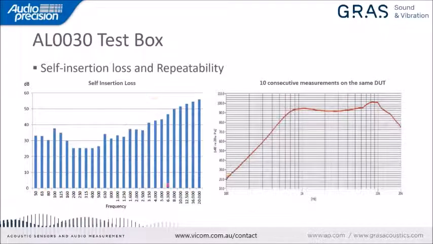Here we can see the insertion loss for the A30. I think it's important to talk about test boxes for this webinar. We did mention before that some standards today provide great recommendations for test setups for laptops and tablets. However, these standards don't provide a quick and easy method for testing, or a method that is adequate for production line testing.